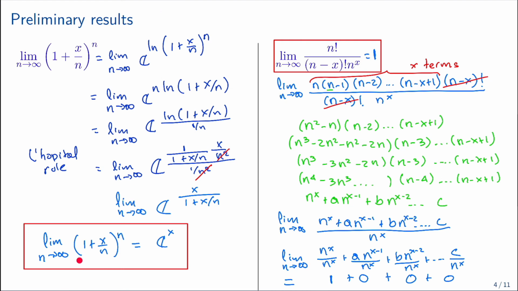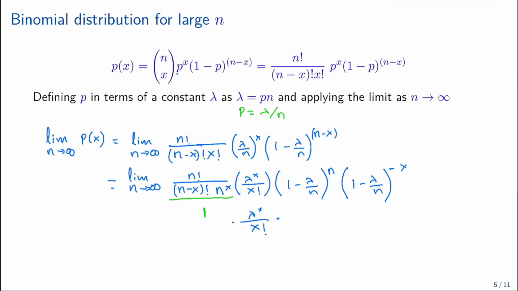We have this limit written in terms of x, and in our case it is written in terms of minus lambda, so this limit will be e to the minus lambda. And in the last case, we have the limit when n approaches infinity, so lambda over n is equal to 0, so it's equal to 1 to the minus x, so that's 1.